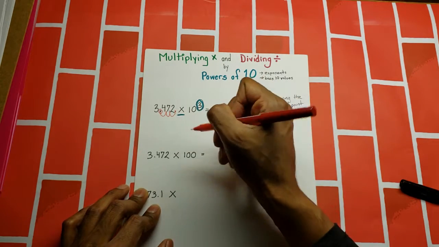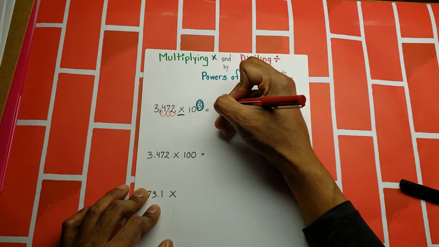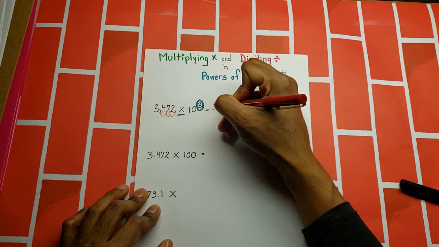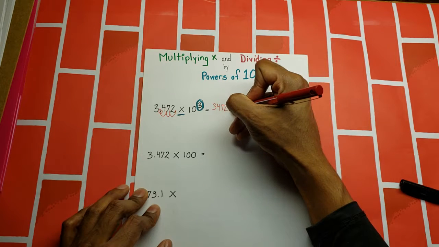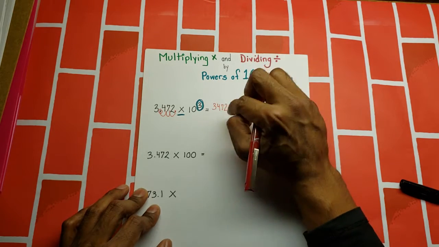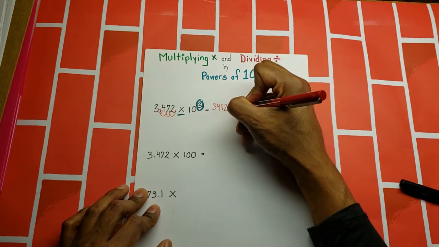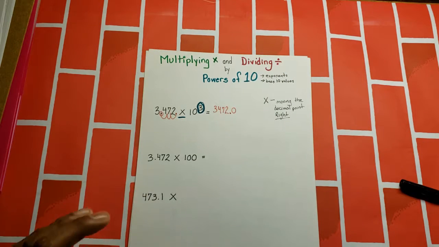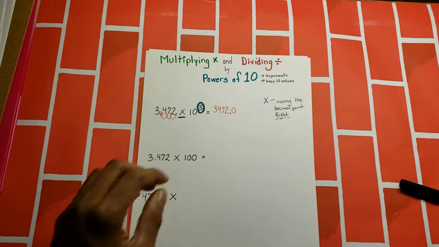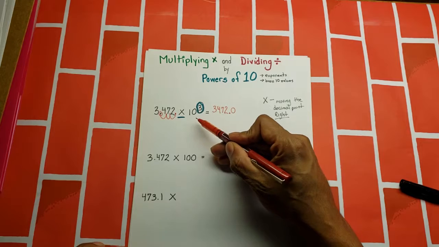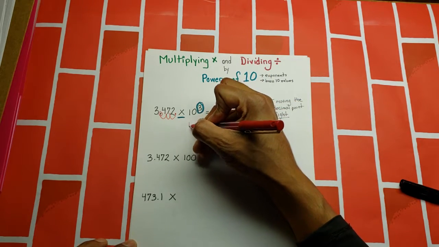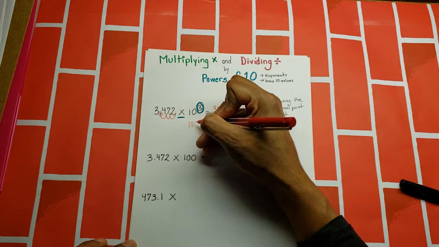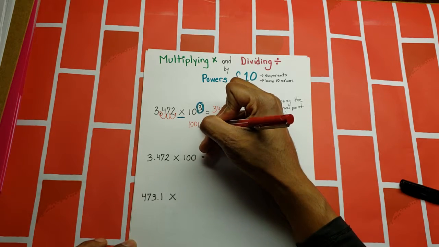If I were to rewrite the same number, it would be 3, 4, 7, 2 with the decimal point after the number 2. For some students, it helps to rewrite the exponent form into standard form. So 10 to the third is going to give me 1,000.